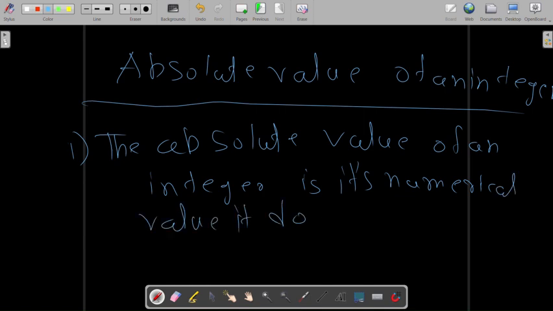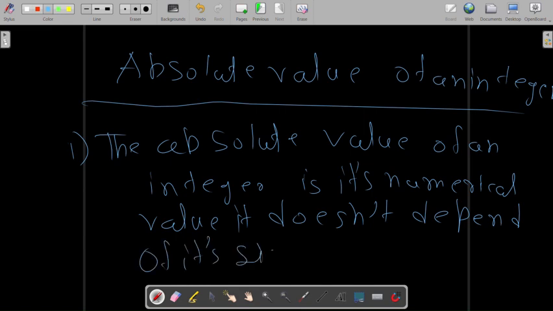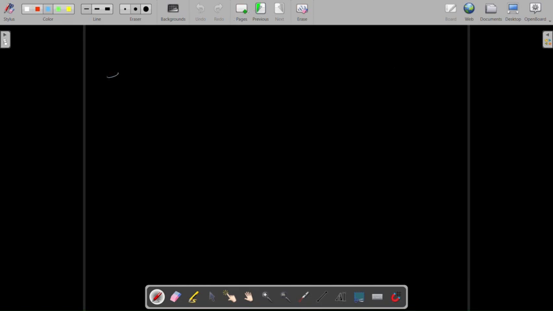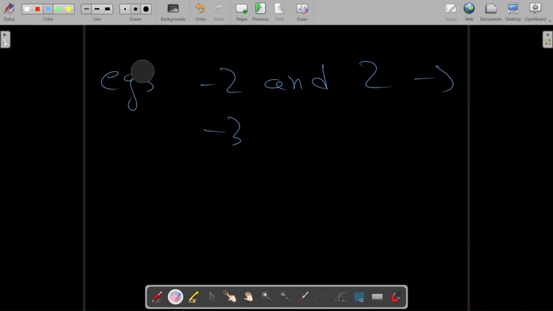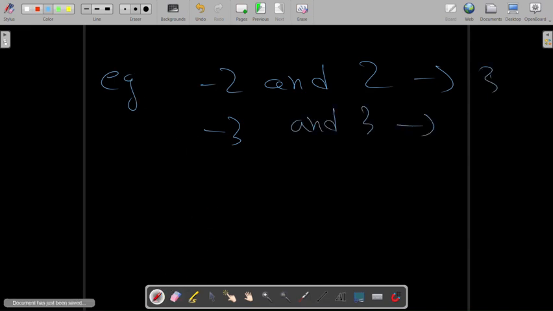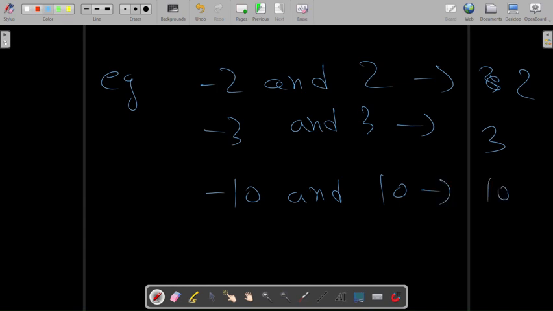It does not depend on its sign. Some examples: the absolute value of minus 2 and 2 is 2. The absolute value of minus 3 and 3 is 3.